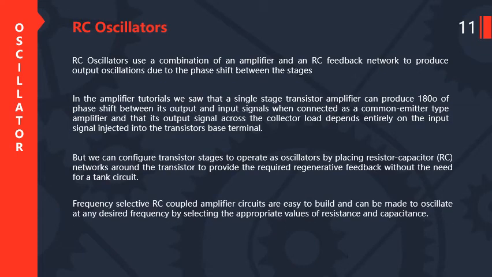Frequency selective RC coupled amplifier circuits are easy to build and can be made to oscillate at any desired frequency by selecting the appropriate value of resistance and capacitance.